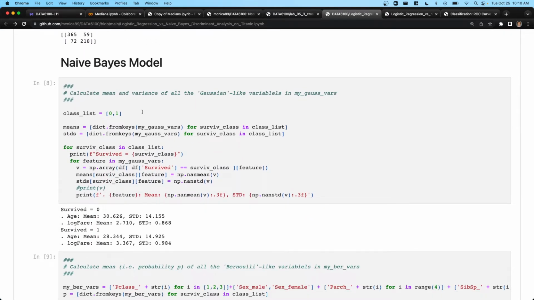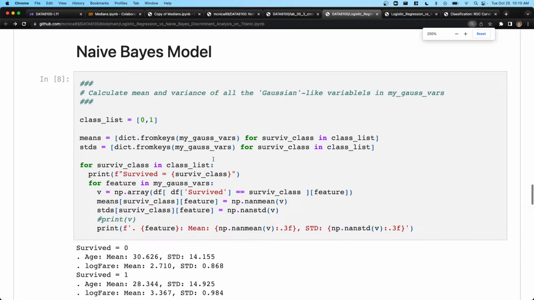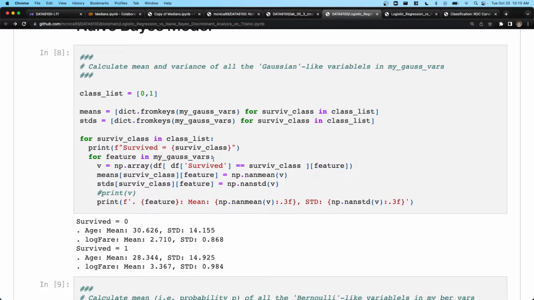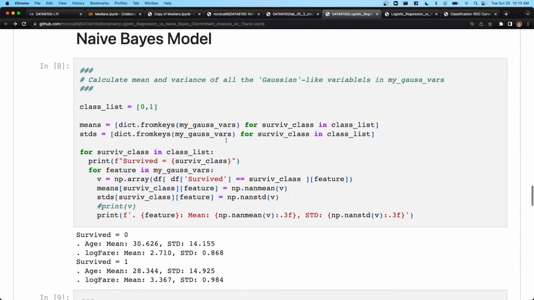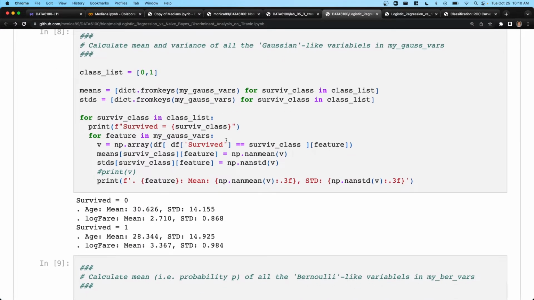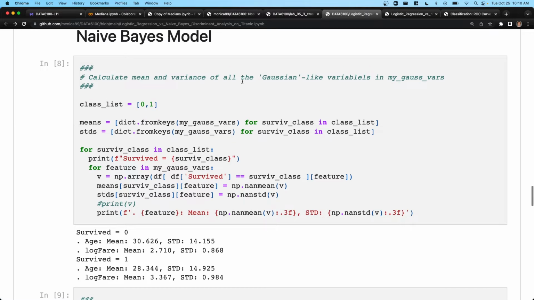And so here are my little commands. In this block, we're calculating the mean and the variance of all the Gaussian-like variables. And the Gaussian-like variables, I said, are age and log fares. So I have a list with the Gaussian variables called my Gauss vars or something. Let me see. Where did it go?